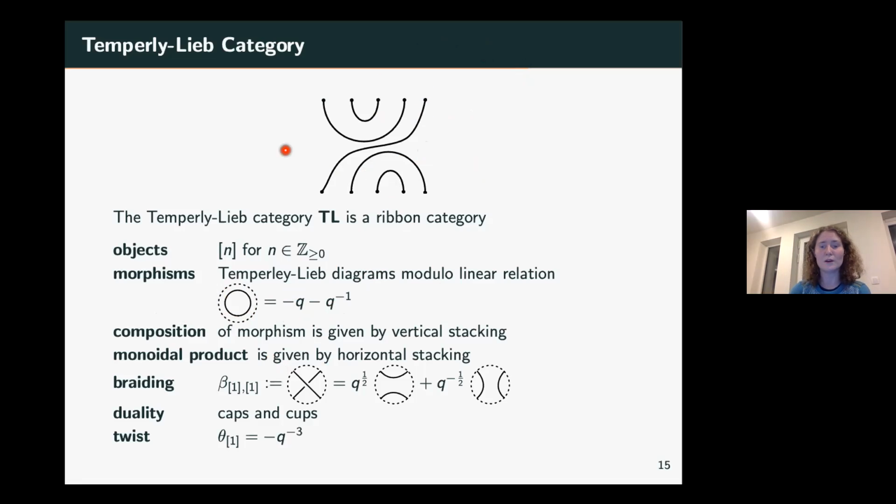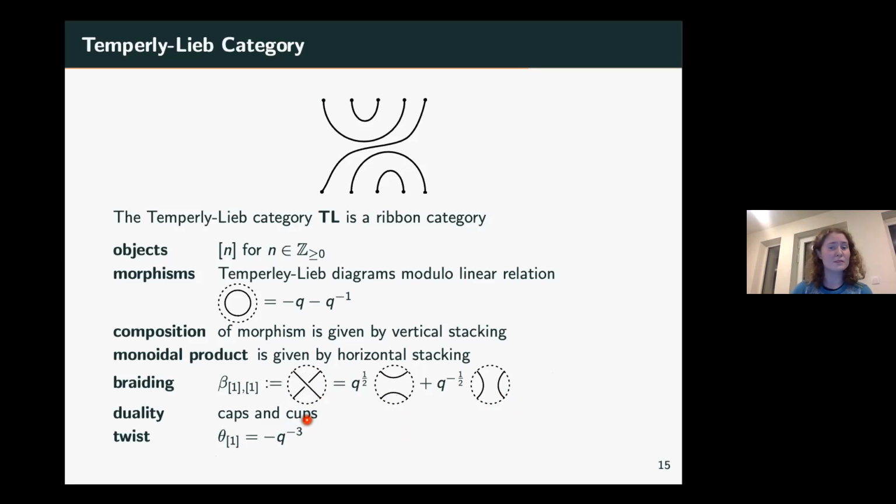The monoidal product is the horizontal stacking, which I keep using throughout this talk. And the braiding, as you might have noticed, I'm defining to be the Skein relation from the beginning, the Kauffman bracket Skein relation. So you define the braiding as what it's equivalent to in the Skein algebra. The duality is just going to be standard cups and caps, and you can also define a twist.